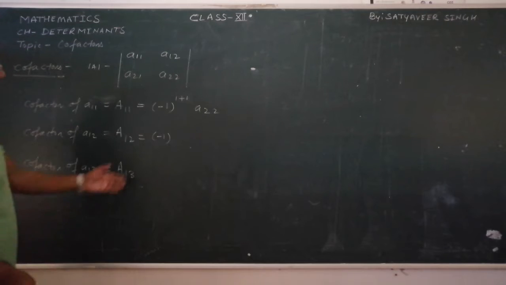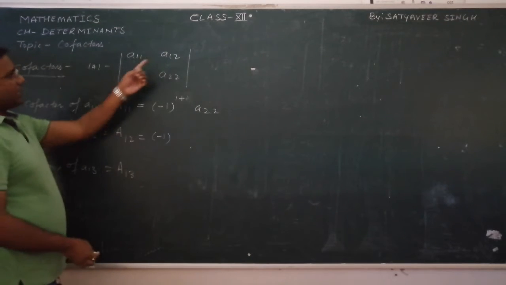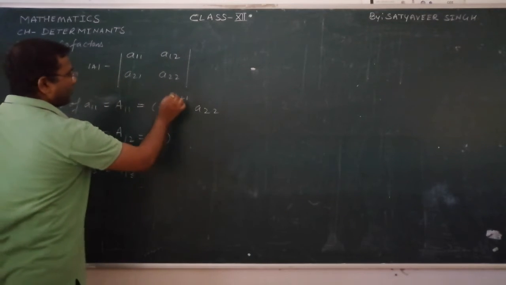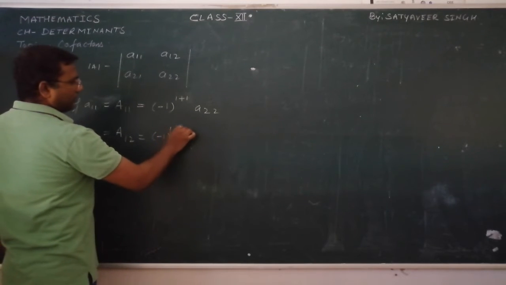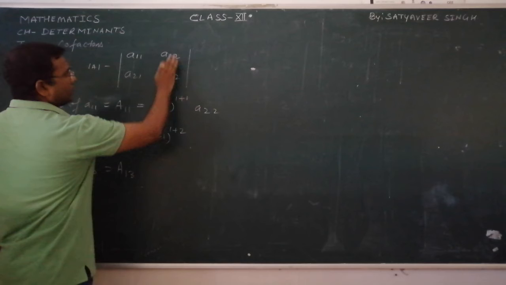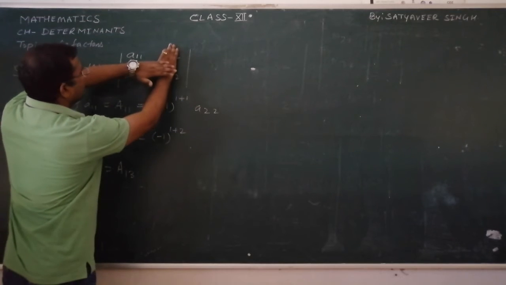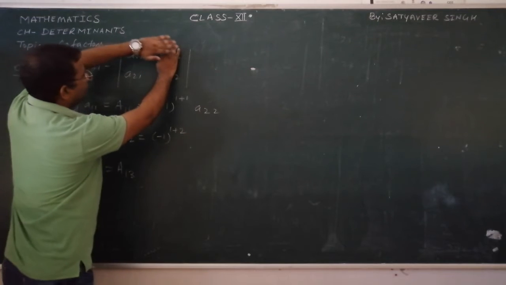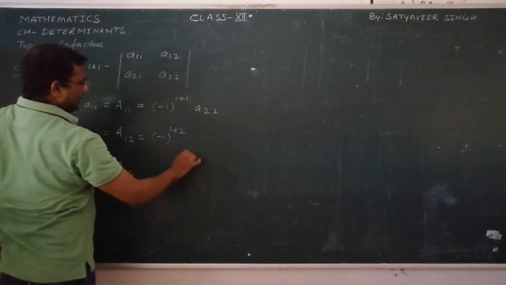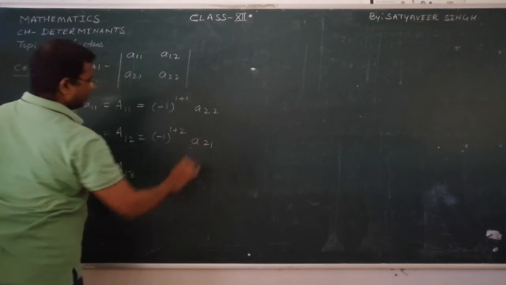So similarly you can find here now. This is the second element. The value of this, A12, means here it is 1 plus 2, and the remaining elements, if you hide the second column and the first row, that is A21.